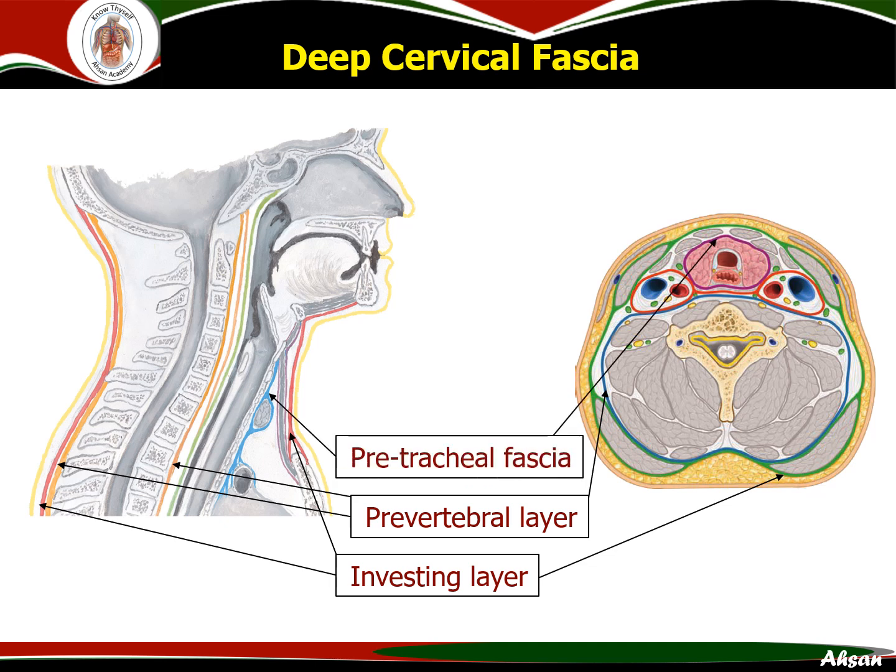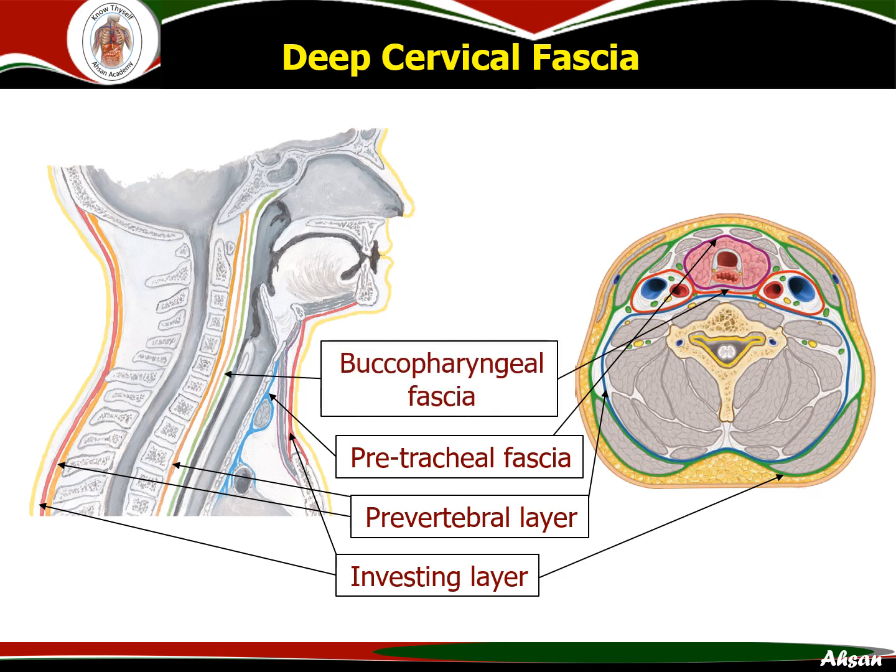We also have deep fascia around the viscera, which includes the trachea, esophagus, and thyroid gland, and it encloses them all through the neck. The anterior part is known as pretracheal, and the posterior part is known as buccopharyngeal fascia.